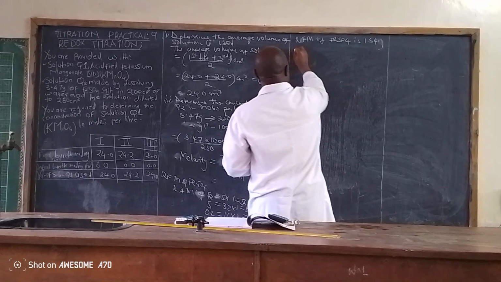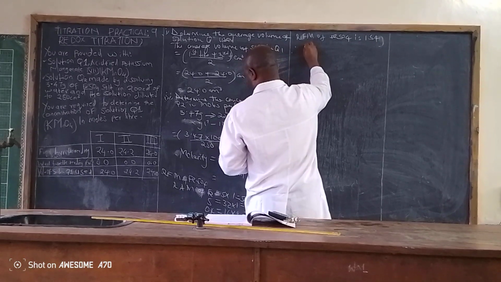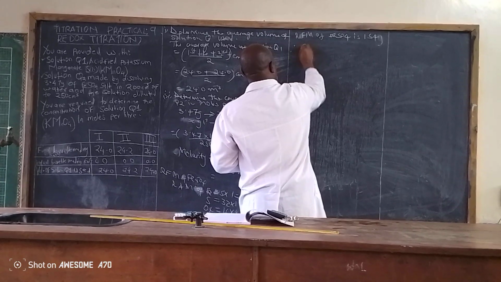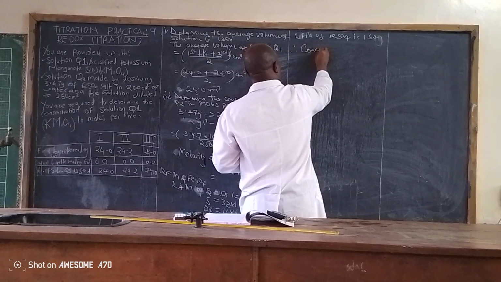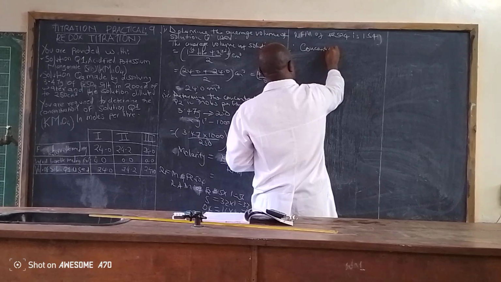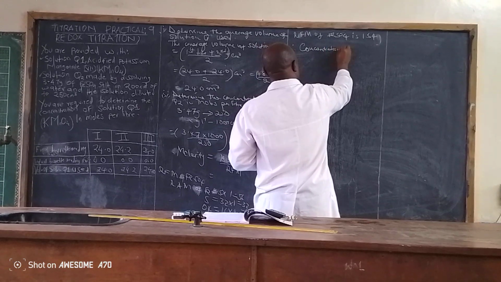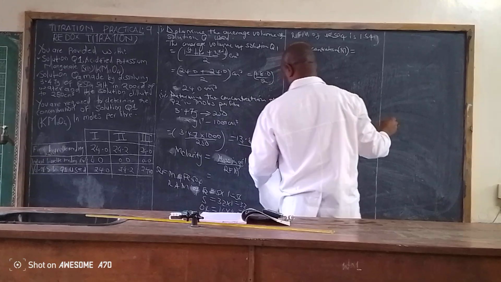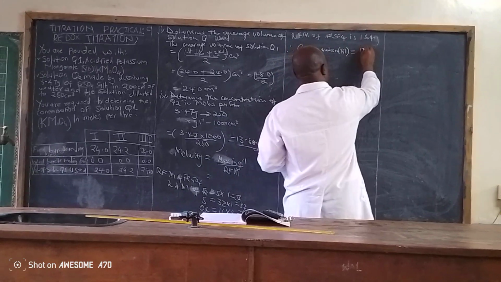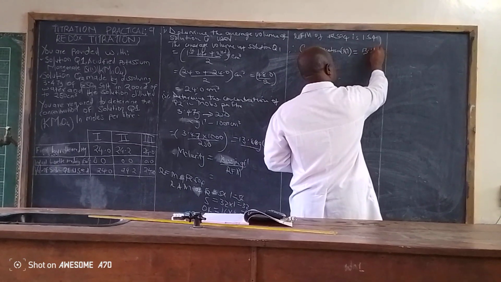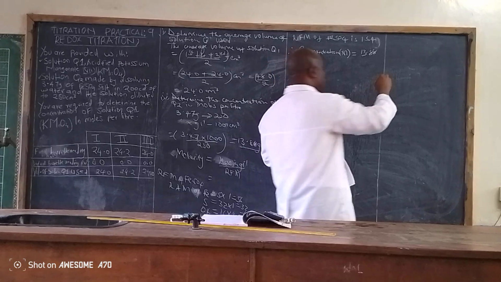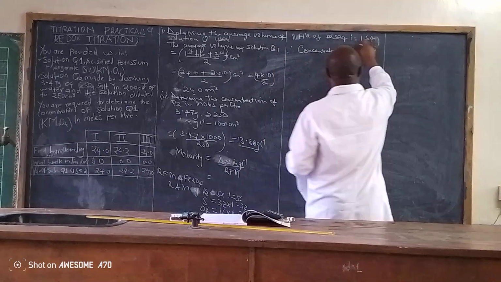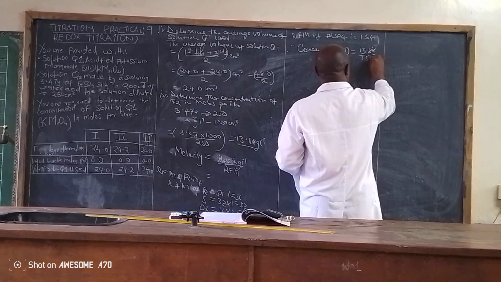So we are going to say, therefore, our concentration is the same as molarity, which is going to give us 13.88 divided by this relative formula mass 154.